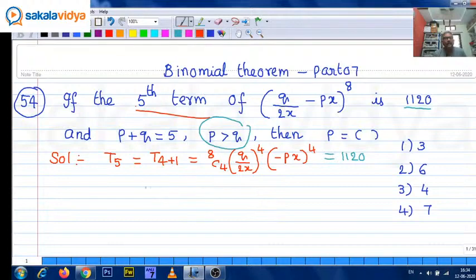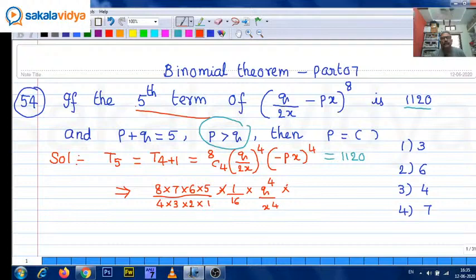Now 8C4 equals 8 times 7 times 6 times 5 upon 4 times 3 times 2 times 1, and this will be 1 by 2 power 4, which is 16, times q power 4 upon x power 4, multiplied by p power 4 times x power 4, equal to 1120.